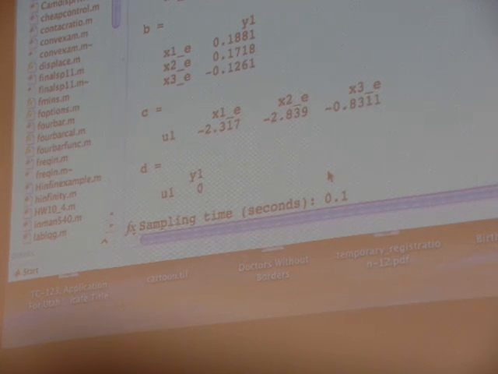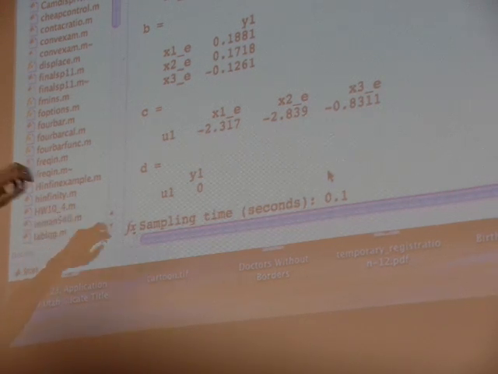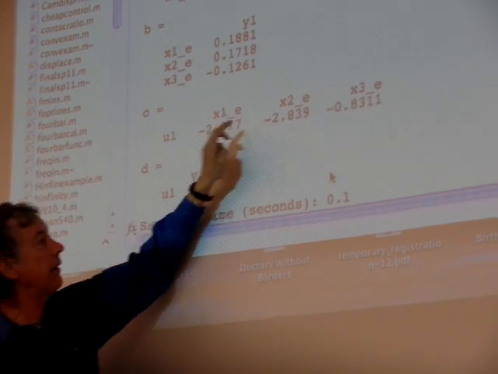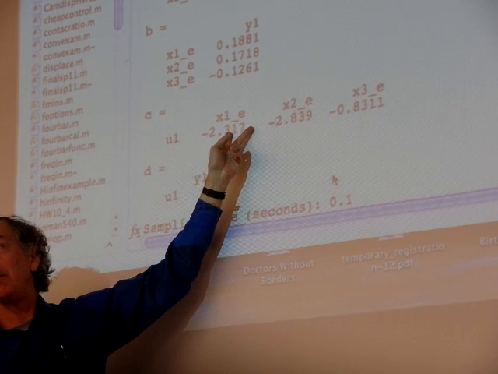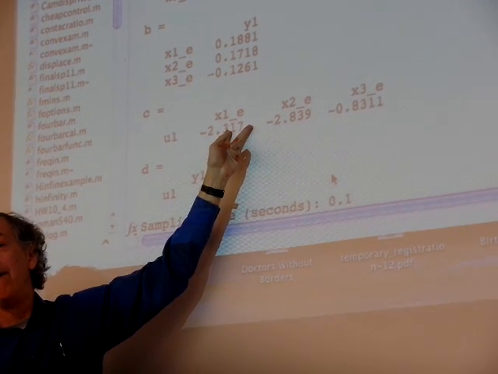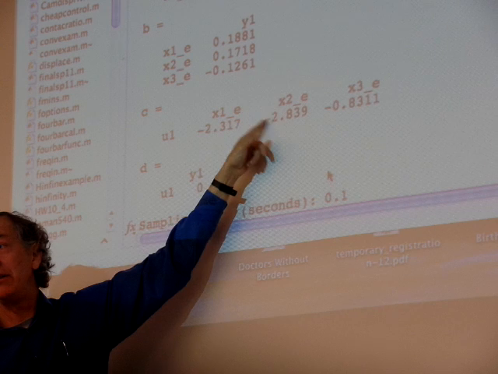Regulator. So that's the state transition matrix for my regulator. The B matrix for my regulator. These are actually what? For my C matrix. What are these numbers?